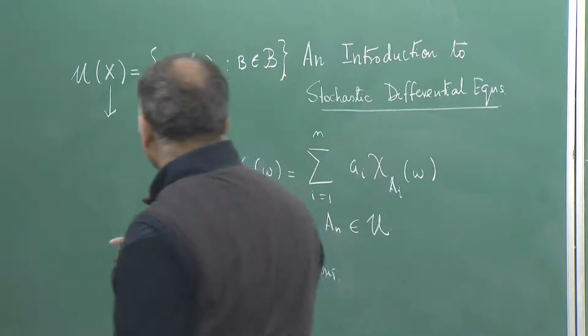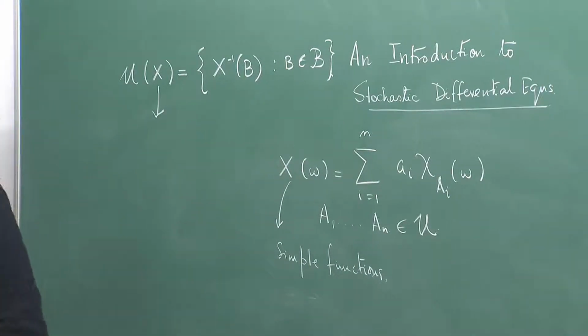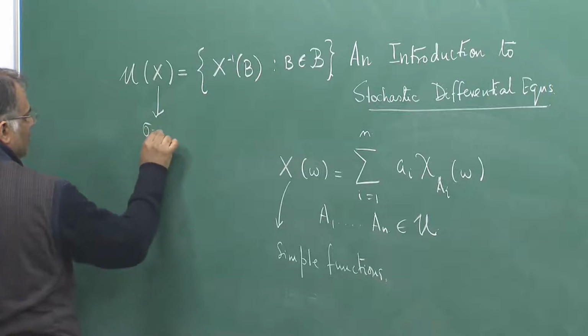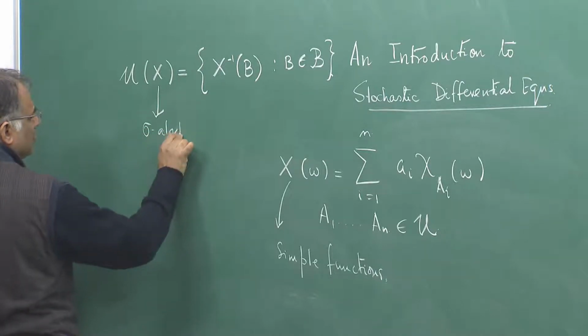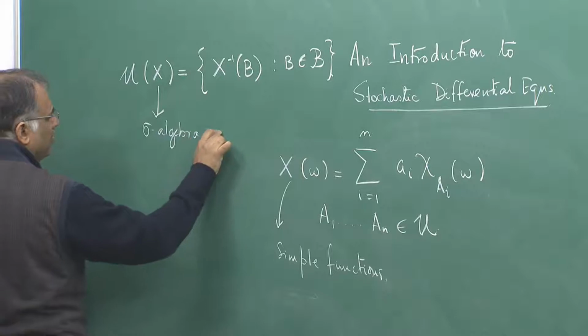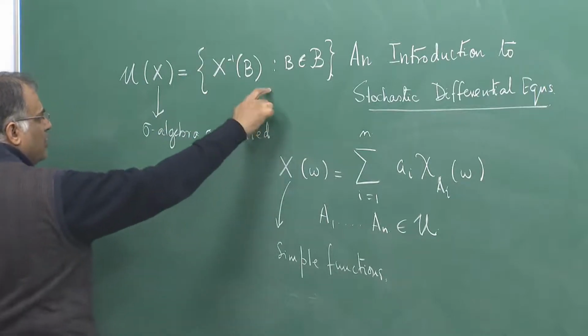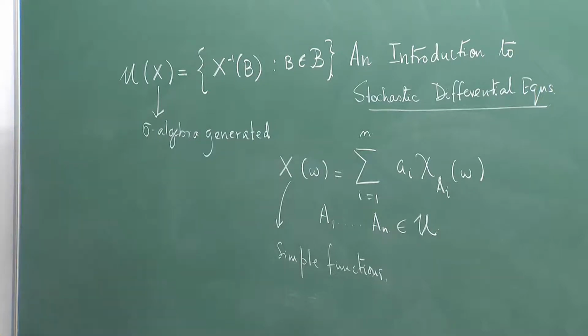So, they are the stuff that is really required when you calculate stuff. So, I will leave it as an exercise to prove that it is truly a sigma algebra.